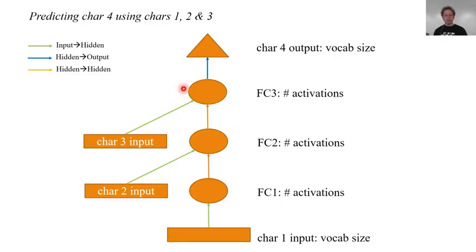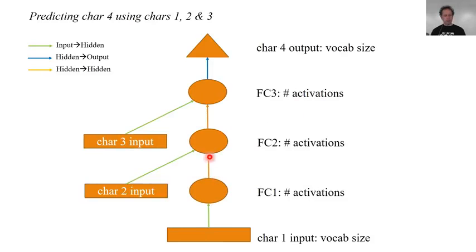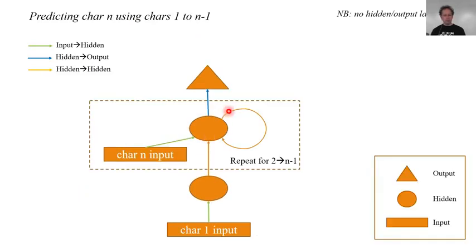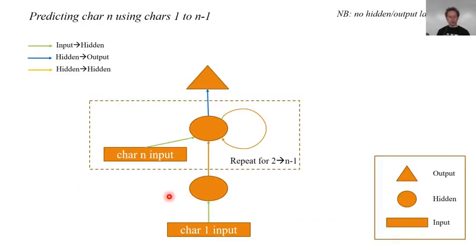But I could draw this more simply by saying, you know what, if we've got a green arrow going to a circle, let's not draw a green arrow going to a circle again and again and again, but let's just draw it like this. Green arrow going to a circle. And rather than drawing an orange arrow going to a circle, let's just draw it like this. Okay, so this is exactly the same picture as this one.